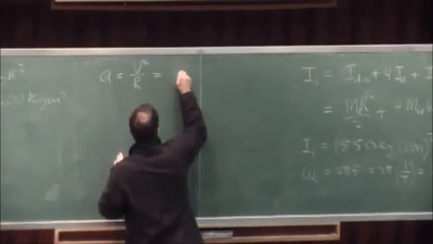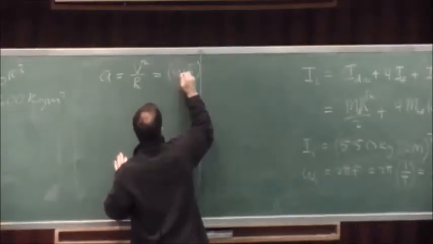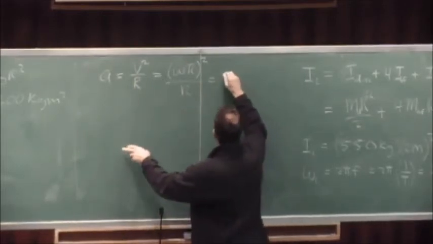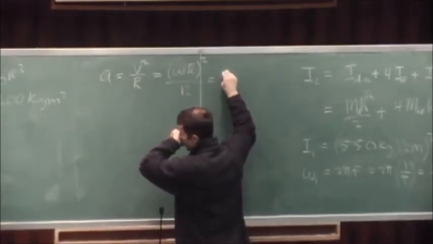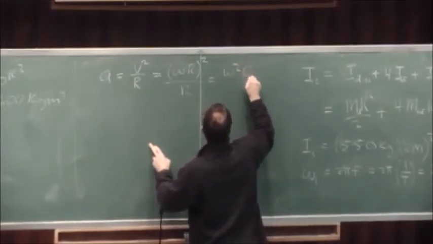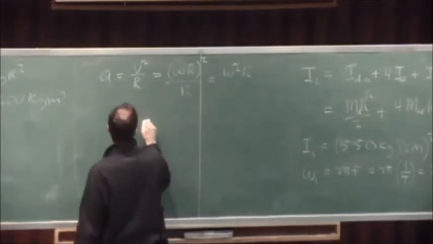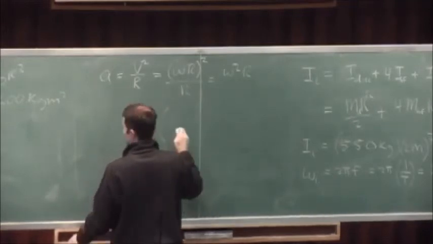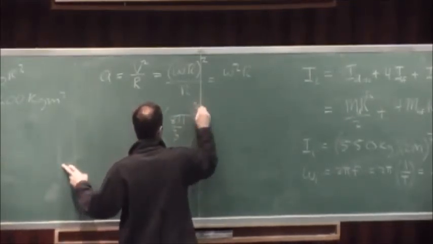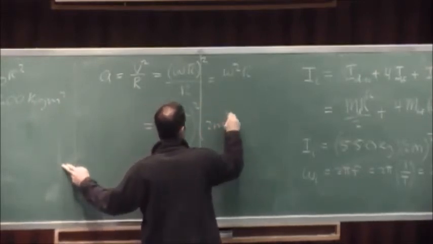Okay, so we get omega times r squared all over r. And so we see that this is omega squared times r. Right, so let's do this out. We have 8 pi over 3 squared times the radius of 2 meters.